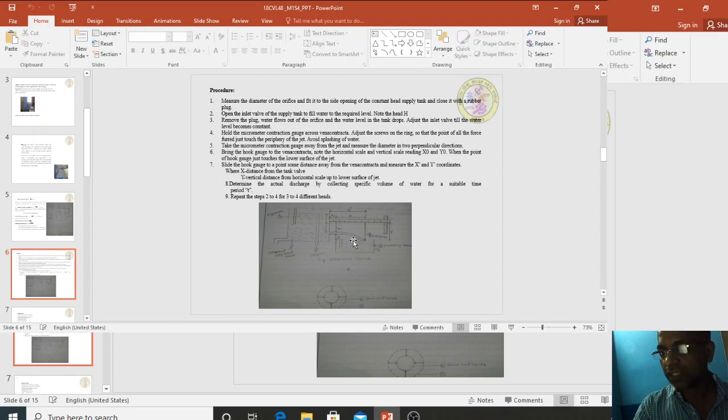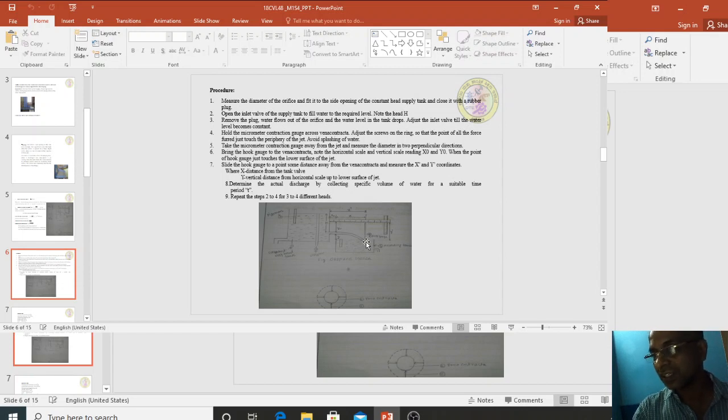Thereby you can calculate discharge, and from the jet of water ejecting, you have to calculate this horizontal and vertical distance. So for 25% opening, or 50% opening, or 75% opening, or 100% opening, we have to do all this.